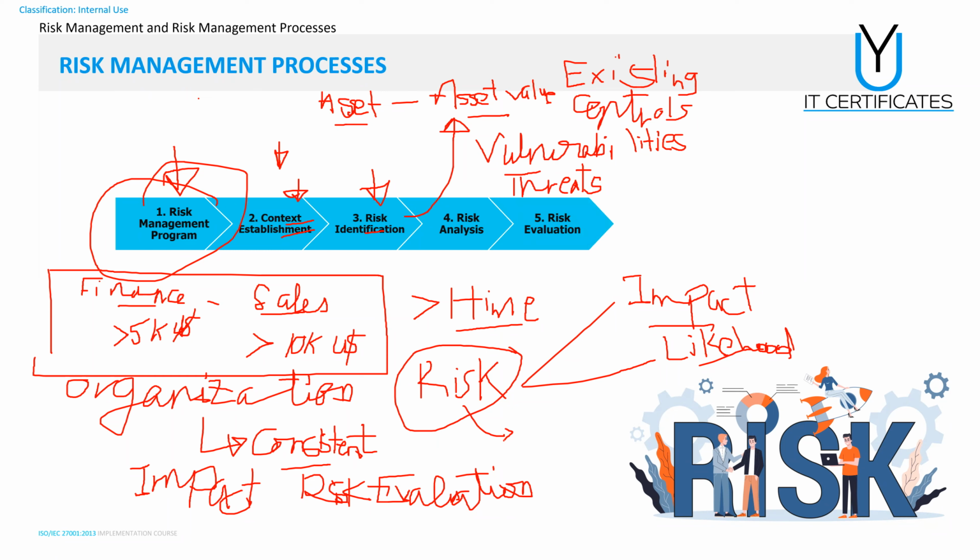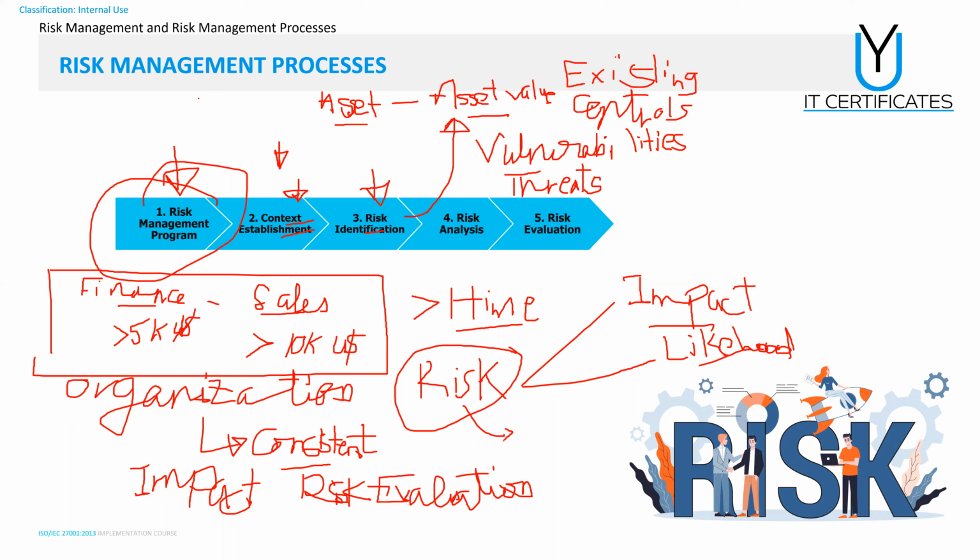Then how can you evaluate the risk? As we mentioned, we have risks, and these risks have categories. They may be high, medium, low, and so on. How can we evaluate? What will be the threshold below which any risk will not be mitigated?